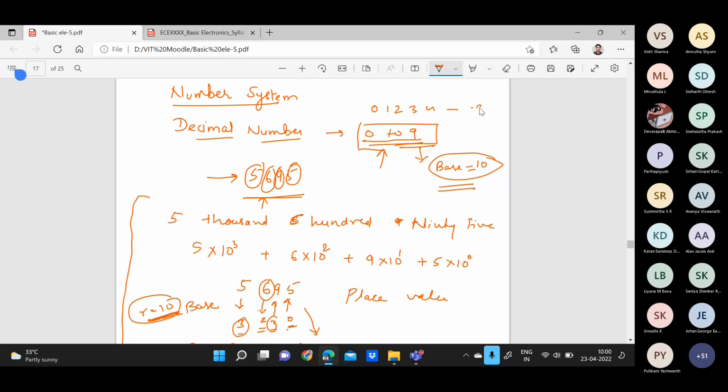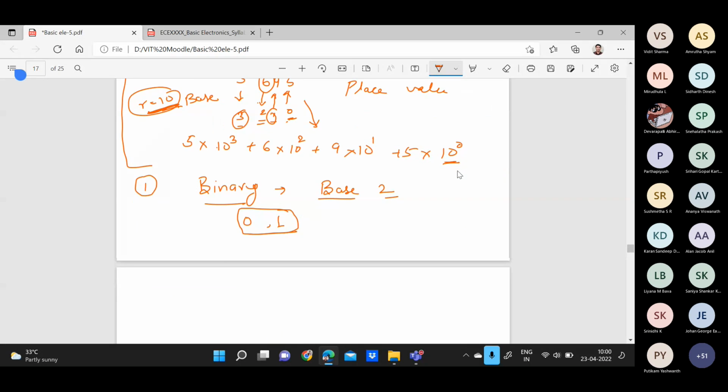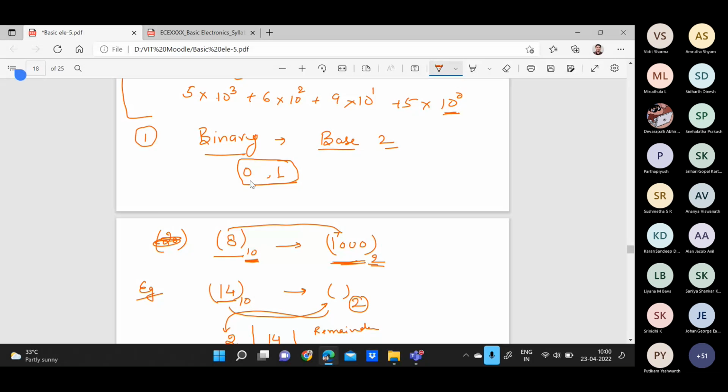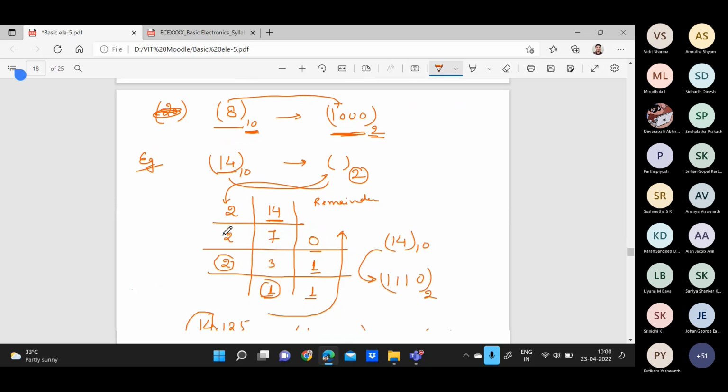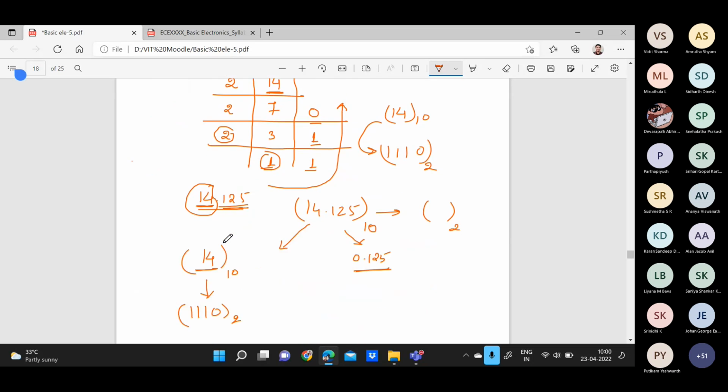So we have 10 different digits to represent any number. That's why it's called decimal, and the base is 10. In the binary number system, we have only two digits, 0 and 1, to represent any number. That's why the base is 2. Understand? So the base is the number of different digits we have to represent any number.